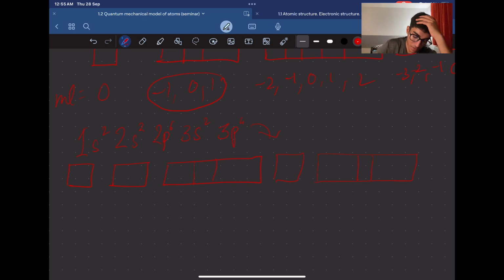For s, we know that the maximum number of electrons it can hold is 2, so fill them out like this: 1, 2. And this one, 2 again: 1, 2. Now see how I'm filling this. For 2p6, I'm going to go 1, then 2, then 3, then come back 4, 5, 6.